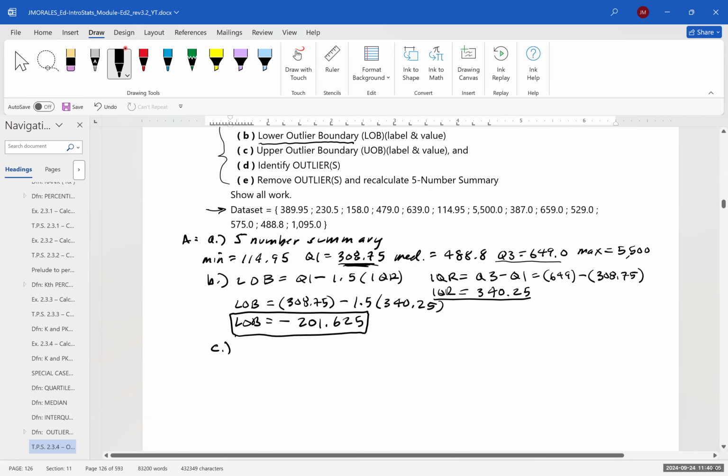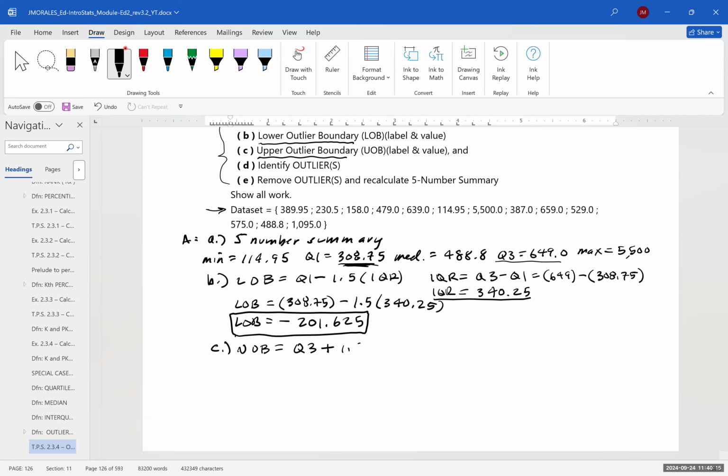So now part C is now to find the upper outlier boundary. So the upper outlier boundary is the third quartile plus 1.5 times the interquartile range. So the interquartile range we calculated already, so we can just pull that down and use it.